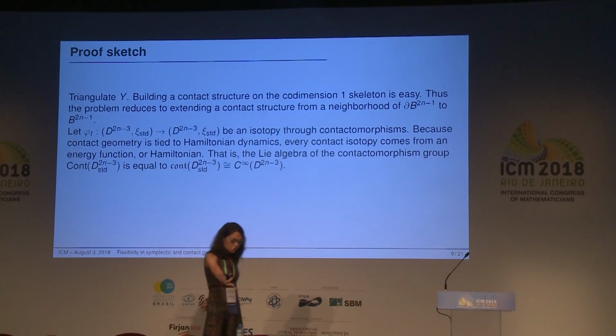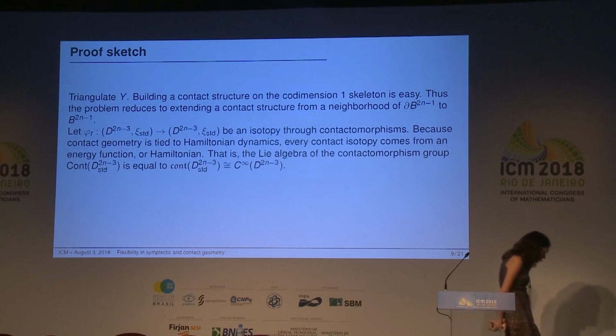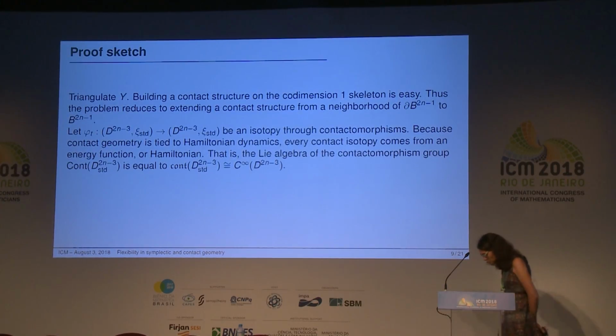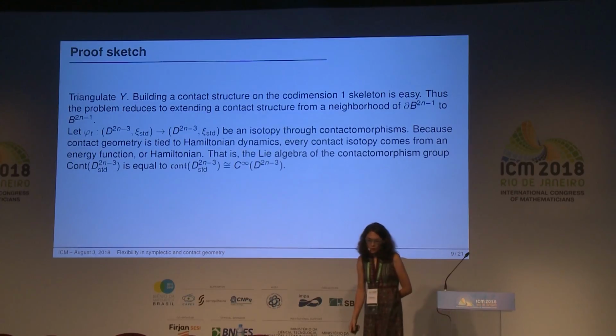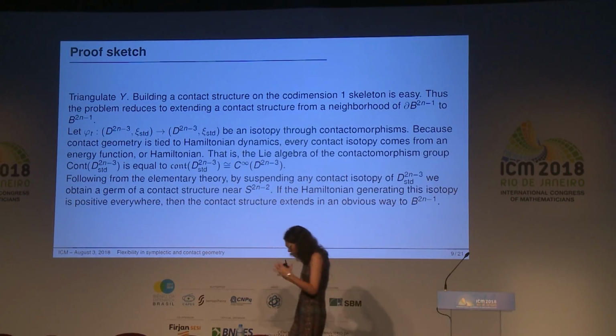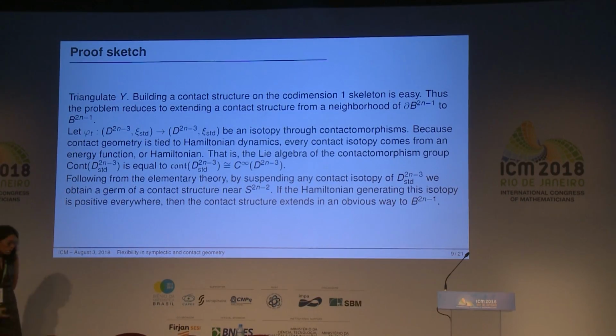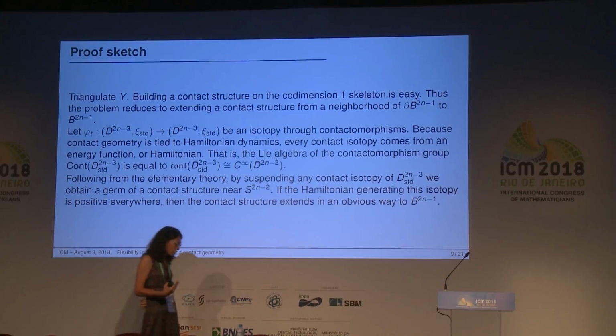One way to state this is that the Lie algebra of the contactomorphism group is just the space of C infinity functions. And furthermore, coming from basic theory of contact manifolds, there are two important points.